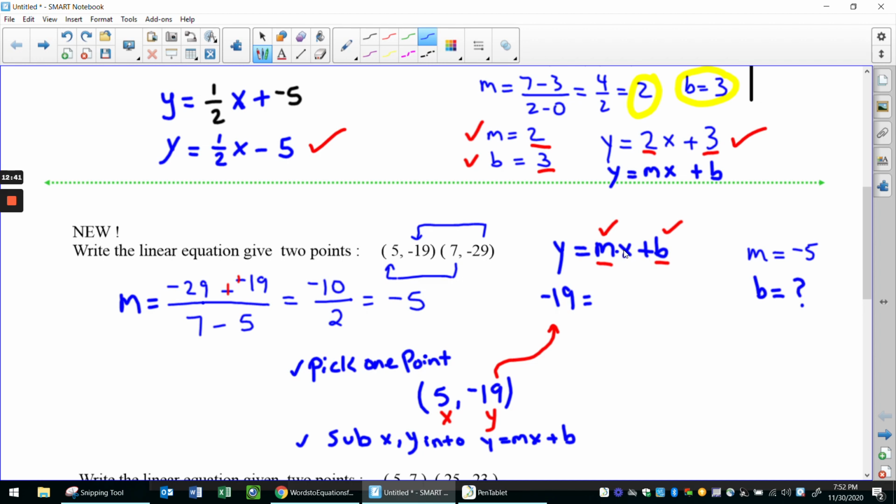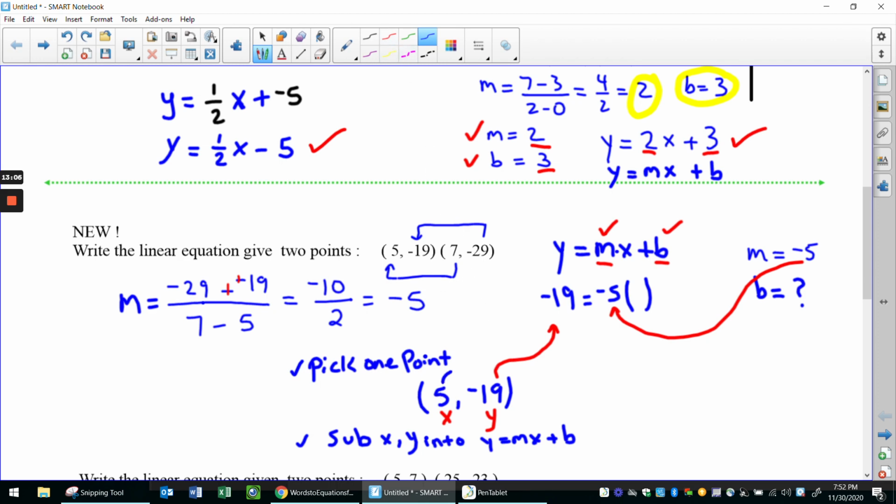So when multiplying mx, we have the slope here that we solved for, right? We're going to substitute the slope in right there for m. So that's negative 5. And instead of x, what am I going to substitute for x? You got it, this 5 right here.